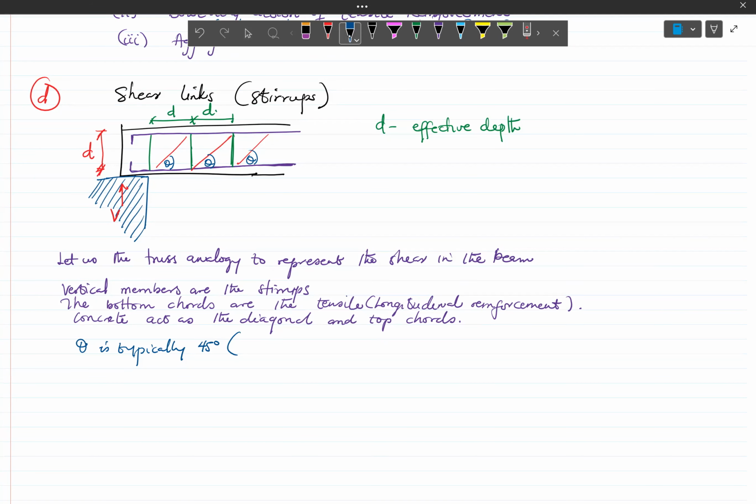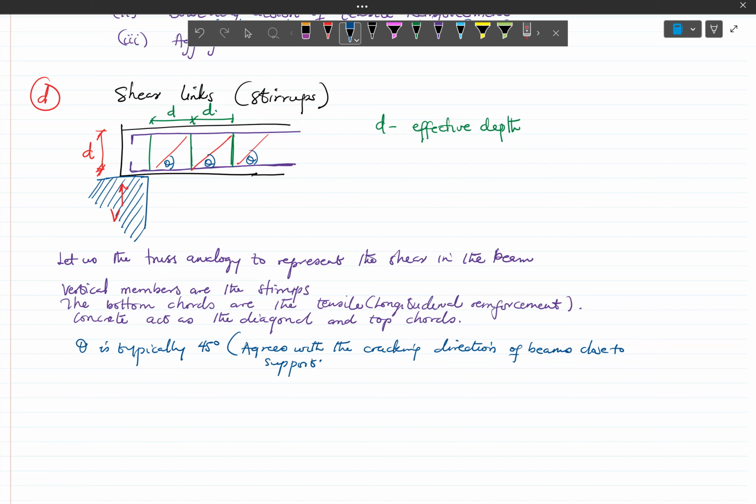And this also agrees with the cracking direction of beams close to the supports.